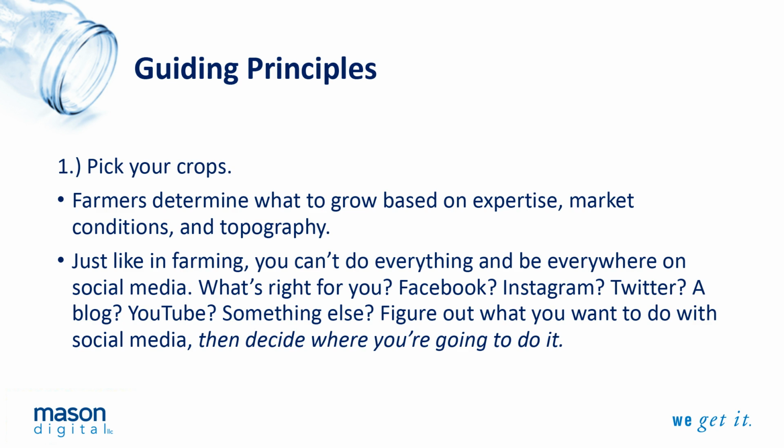So are your crops Facebook and sharing content through that? Is it Instagram? Do you really like Twitter and want to get more involved in that? Again, picking the crops is going to be the best way to get started. Not only deciding what you're going to do, but deciding where you're going to do it.